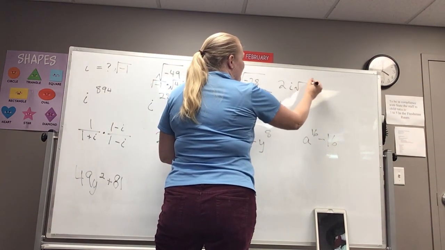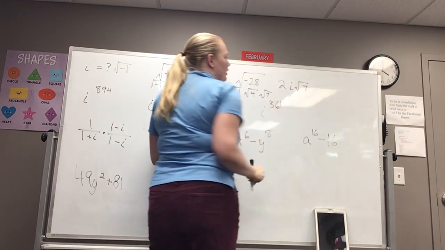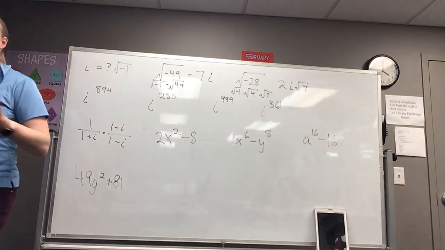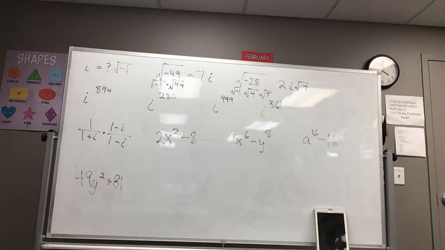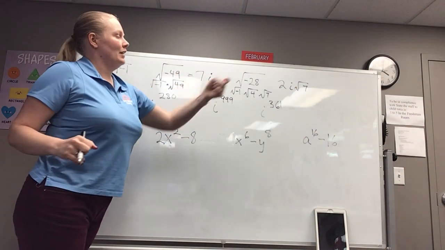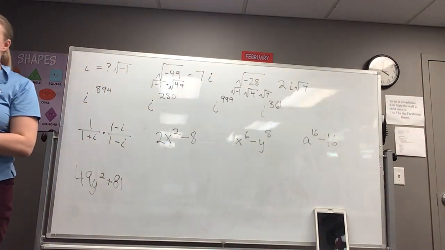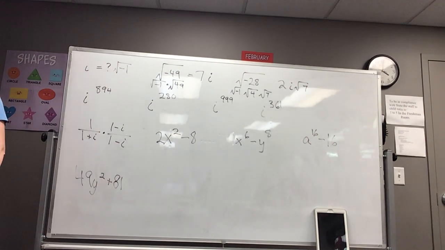Square root of 7 is still square root of 7. And so this is 2i. Square root of 7 is left behind in the radical. When we're simplifying these radicals, it's about what can escape, what can't. But anytime you have a negative inside your square root, it can be rewritten as i.